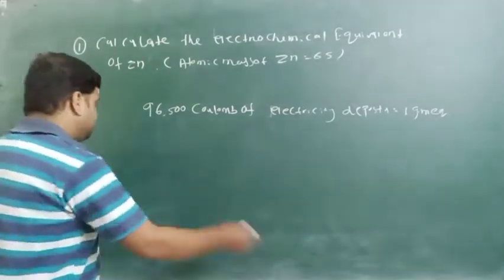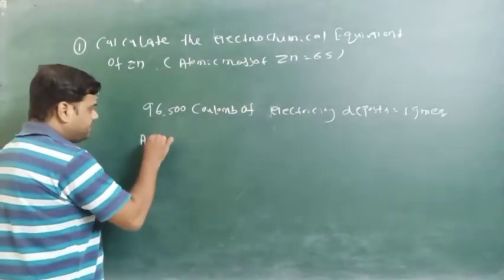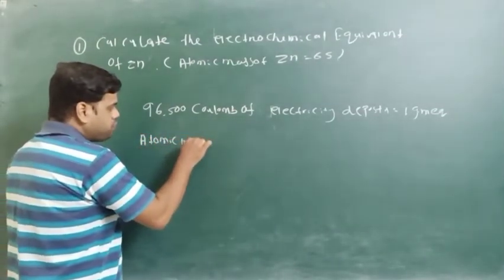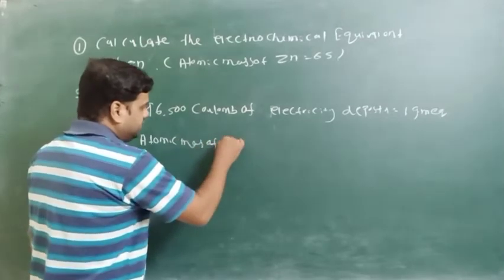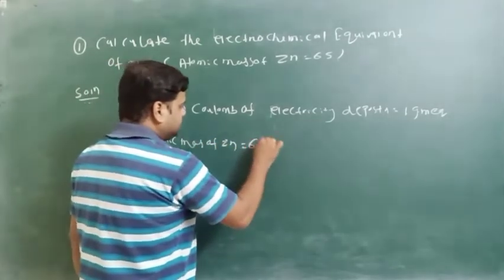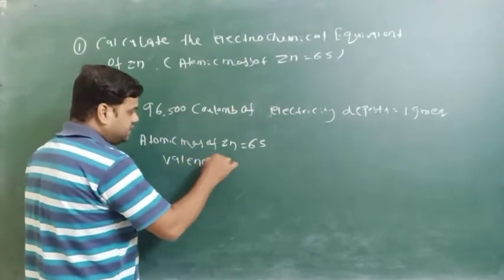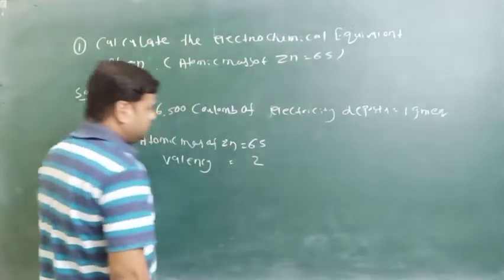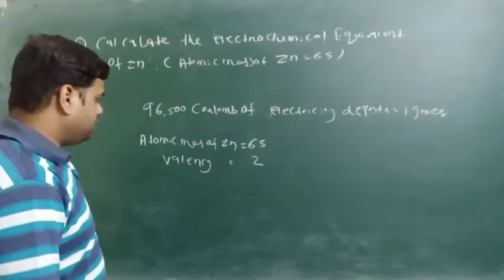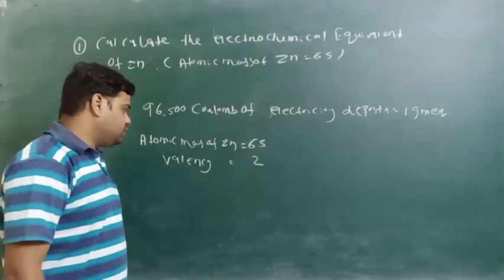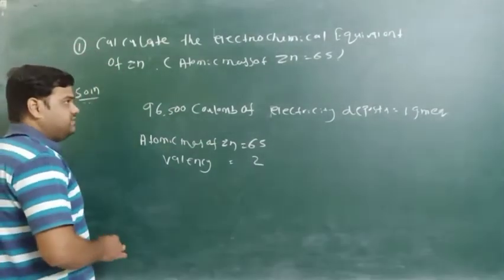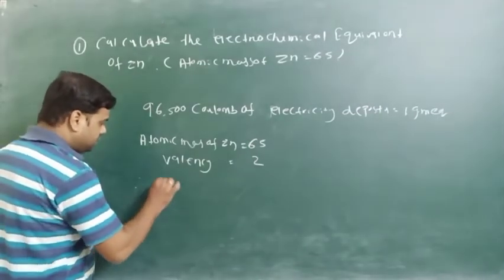The atomic mass of zinc is 65, which is given, and the valency is 2 because there are 2 electrons in the outermost shell.